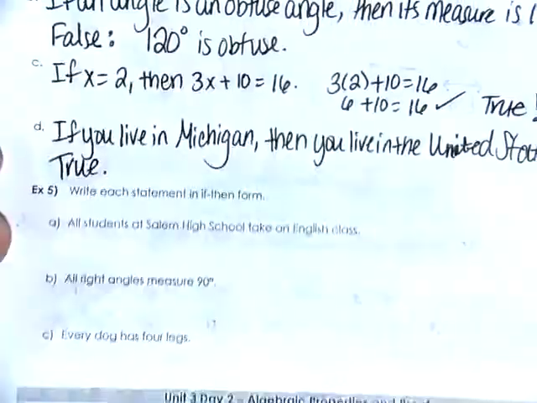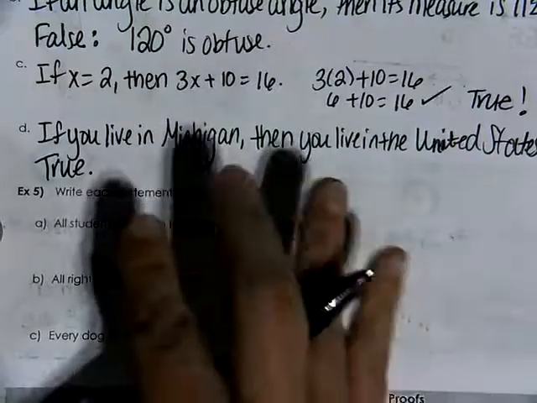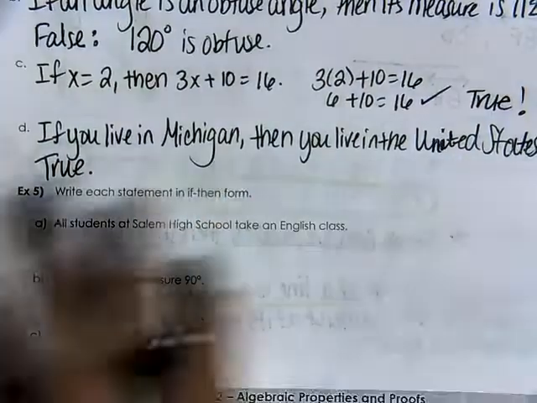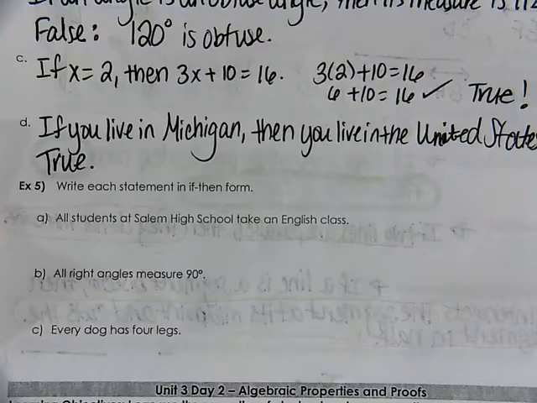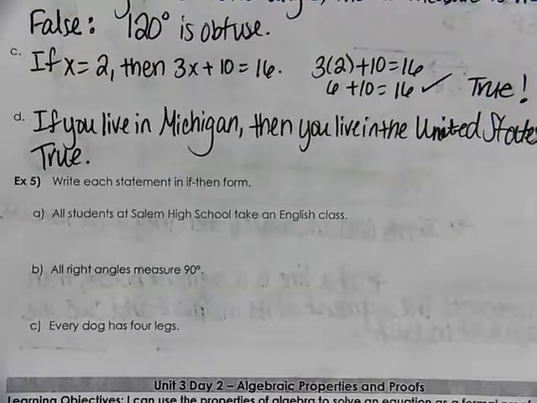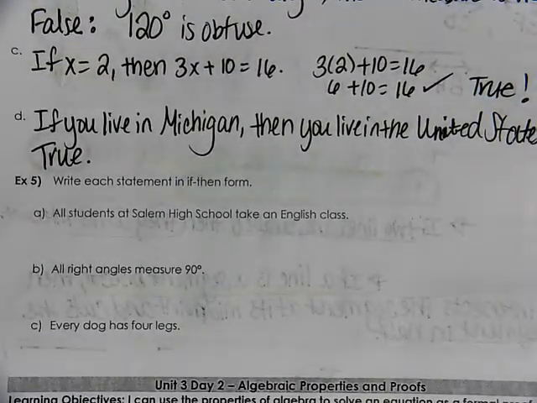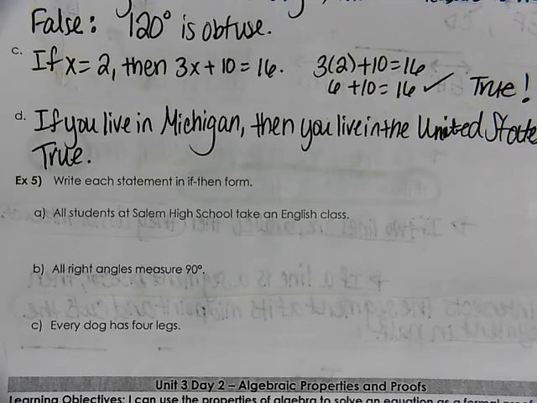Anybody who lives in Michigan lives in the United States because Michigan is in the United States. So there's no counterexample to that because it's always true. Until Michigan decides to secede from the Union, which I don't see that happening anytime soon, this is going to always be a true statement.